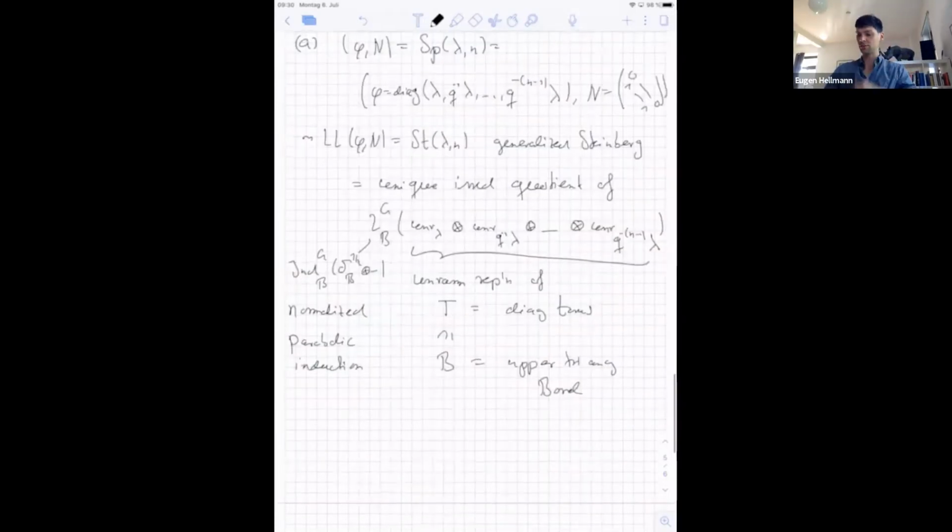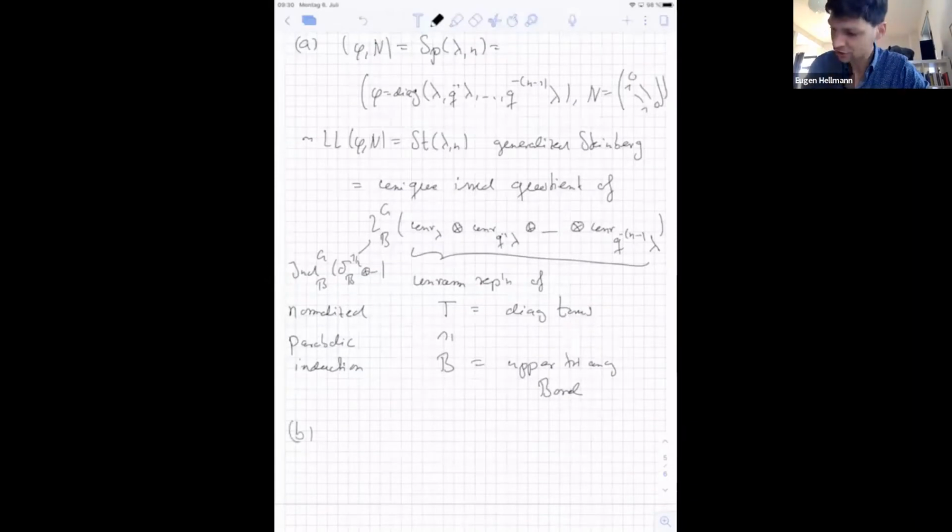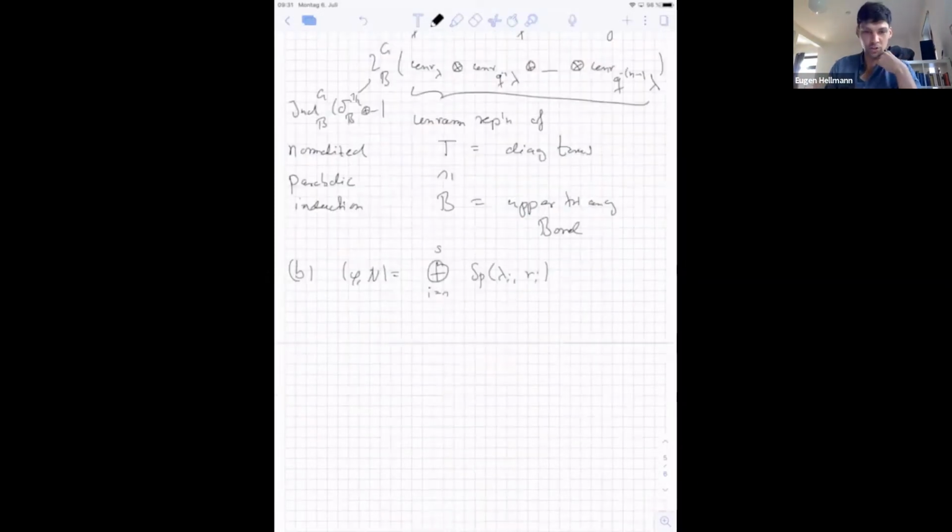Okay, so that's the first building block. But in general, of course, phi and n are not only of this very nice shape, but as long as phi is semi-simple, which we always assume here, we can always write it as a direct sum of representations like this, just by looking at the Jordan blocks for the nilpotent endomorphism n, and then you define the Langlands correspondence as follows.